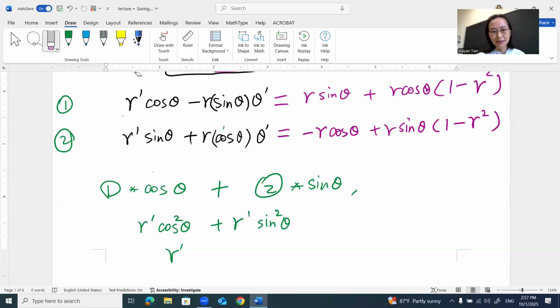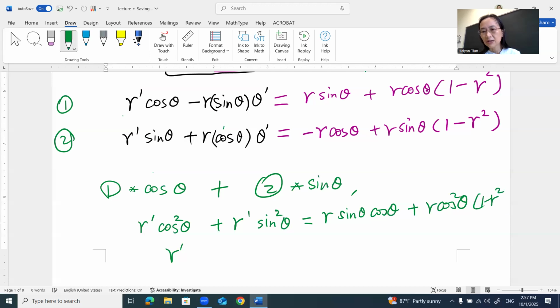And what's the right-hand side? So we just continue to calculate. So let's write the right-hand side. Right-hand side, first equation times cosine theta. So we have r sine cosine theta. The second equation, okay, anyway, the first equation still, you multiply cosine theta, we will have a cosine squared, 1 minus r squared.